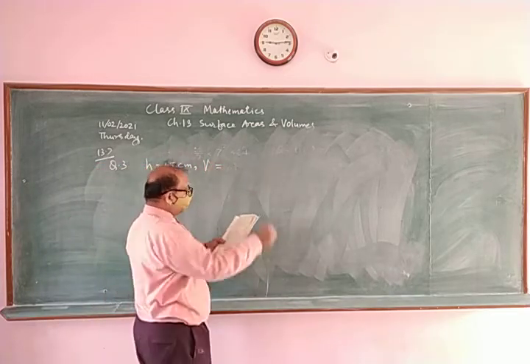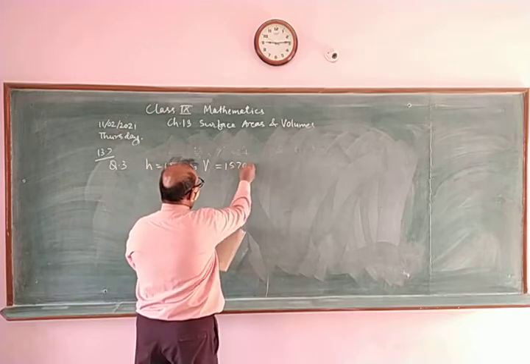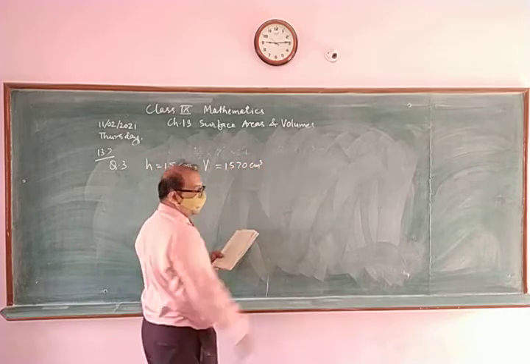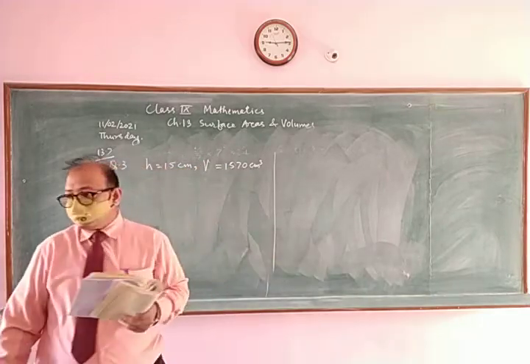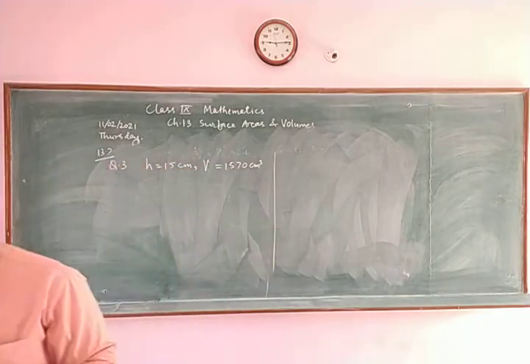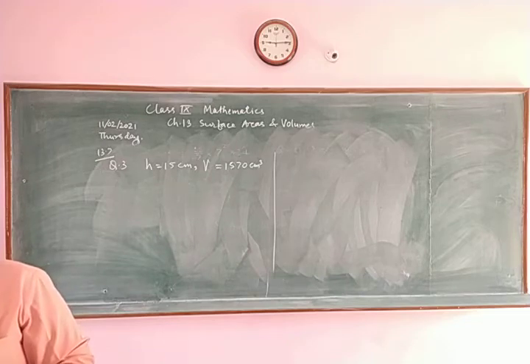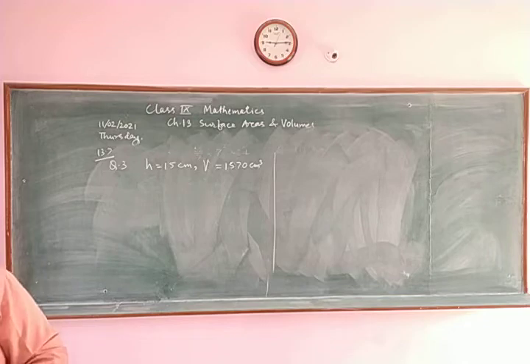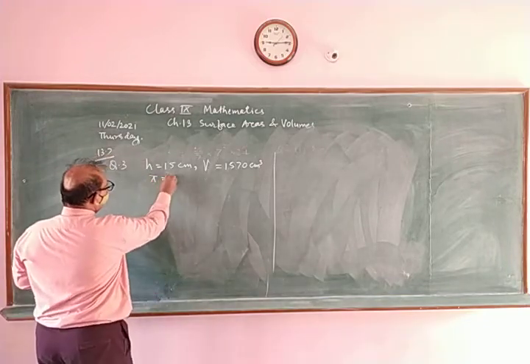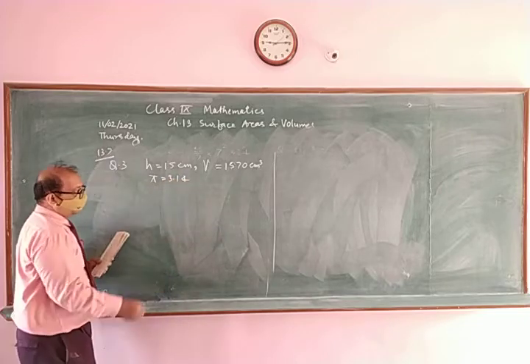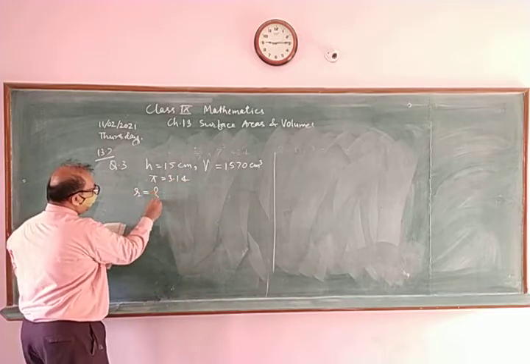Volume is equal to 1570 cubic centimeter. And we have to find the radius of base, and the value of pi is given 3.14.